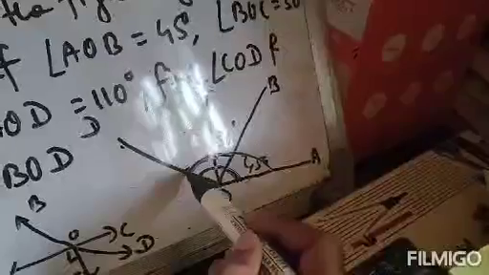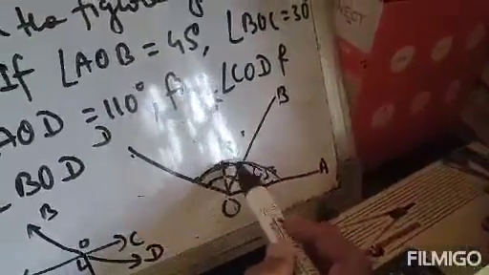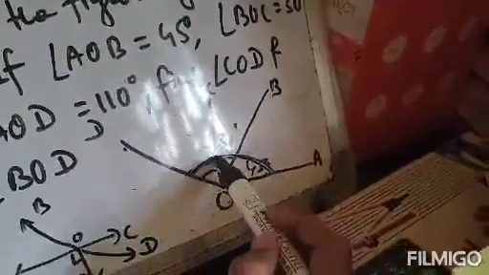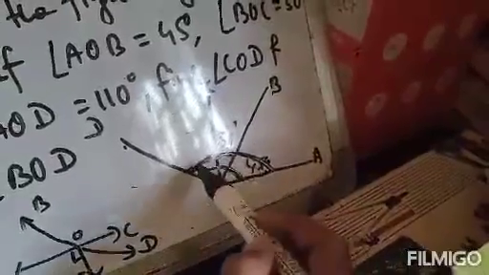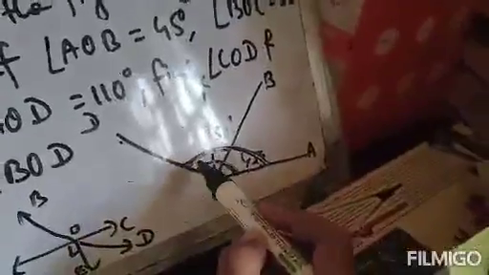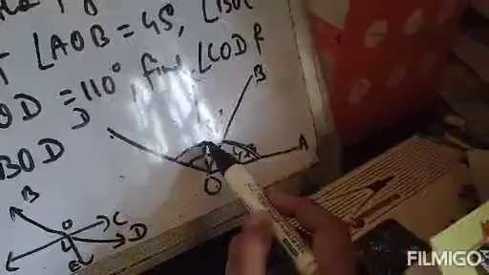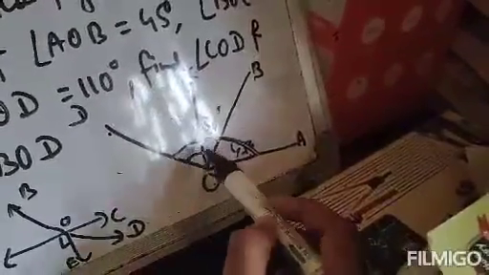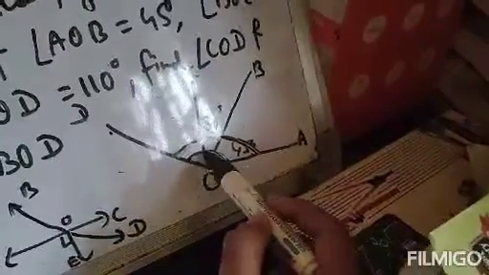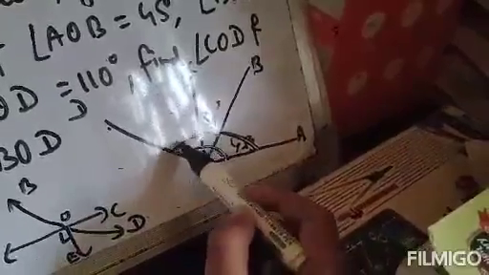So add this middle portion and this portion, then subtract the sum from this total portion, and you can easily get the value of this part.